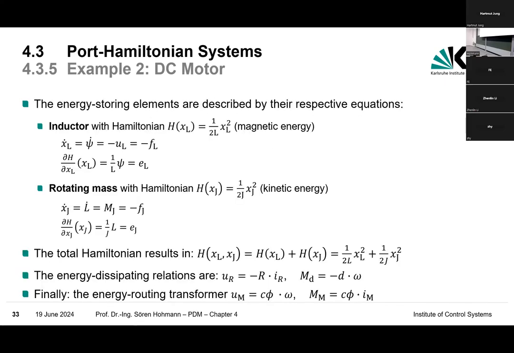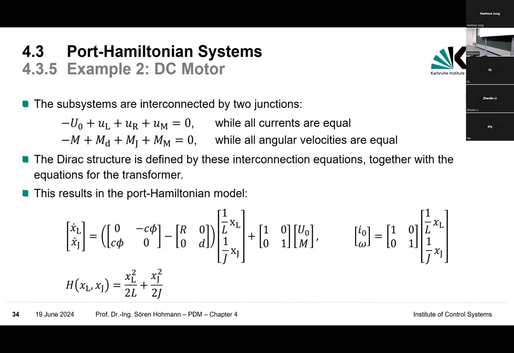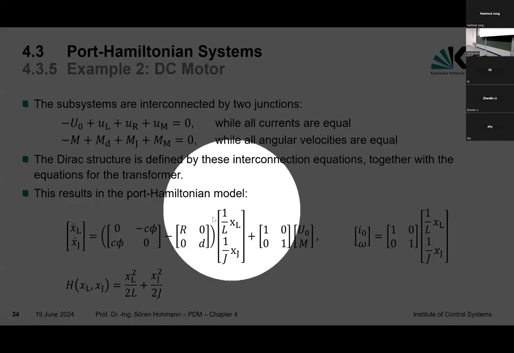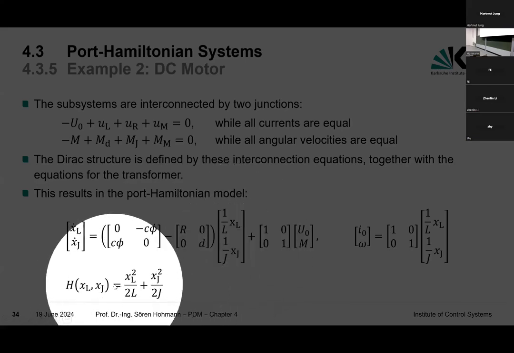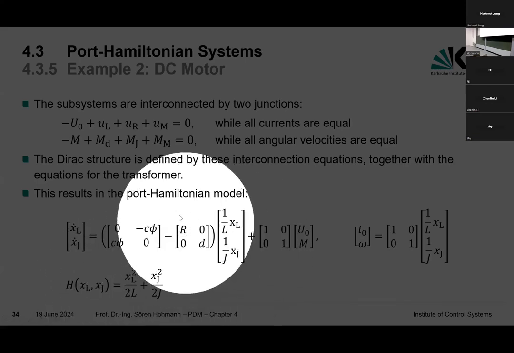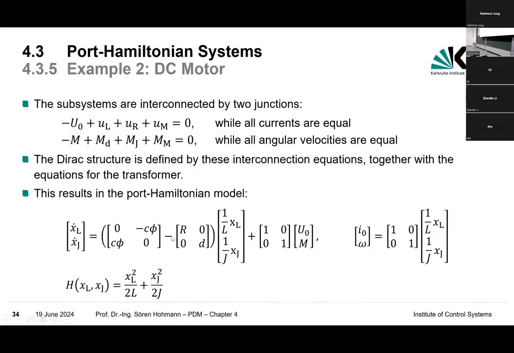So if we do so, and do all the calculations, well, we end up with a system which looks like this. Again, it's a state-space system. Here we find the states as a derivative of this Hamilton function. And A is composed of two parts, which we see clearly in this example.